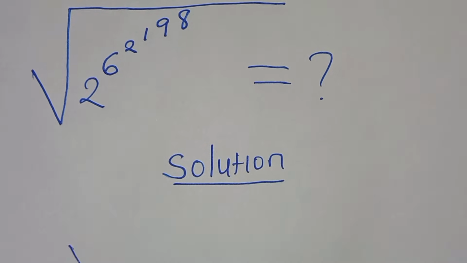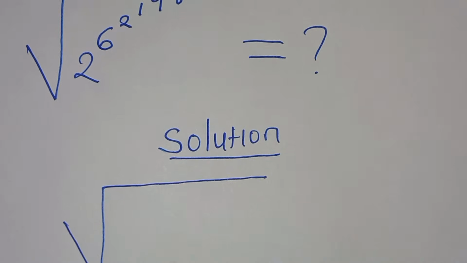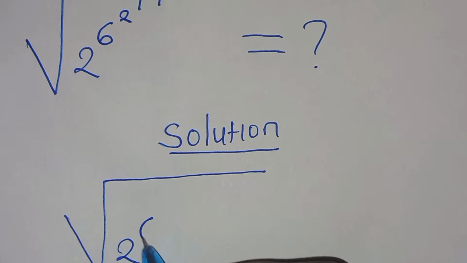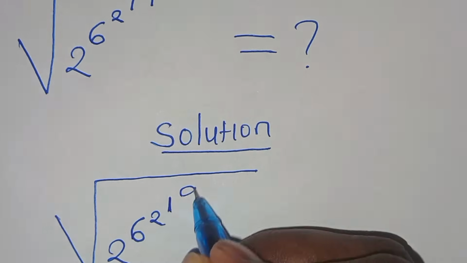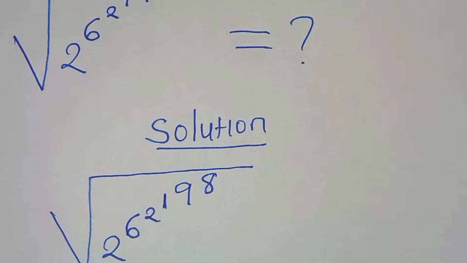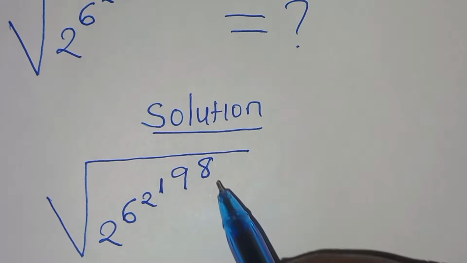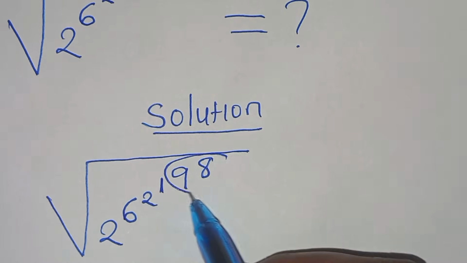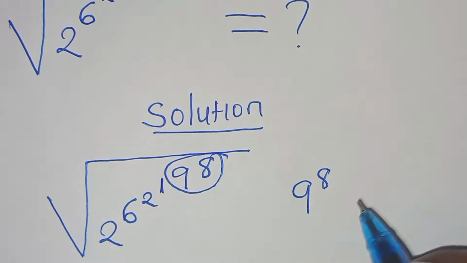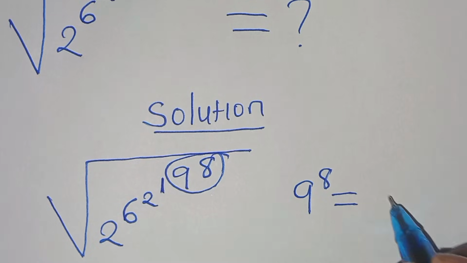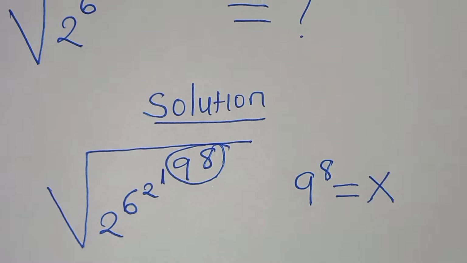We have the square root of 2 to the power of 6, to the power of 2, to the power of 1, to the power of 9, then to the power of 8. Now, we can express 9 to the power of 8 as x.